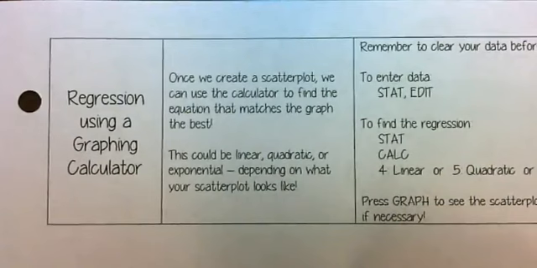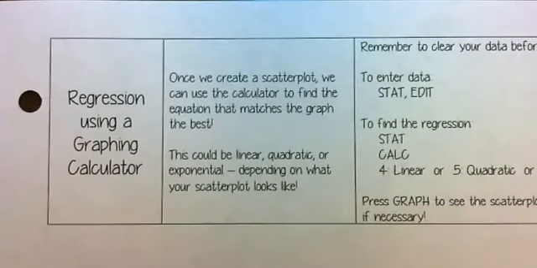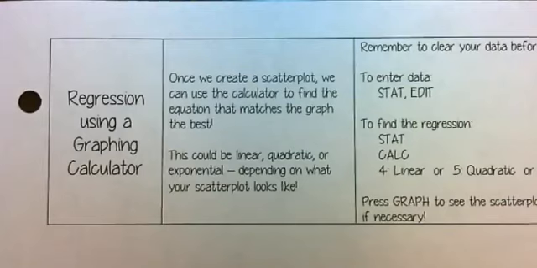So remember, the R value tells us the correlation, how strong it is between the two pieces of data that you have, and then also being able to choose which graph would be quadratic, exponential, or linear. So that's more of what we did in Unit 5.